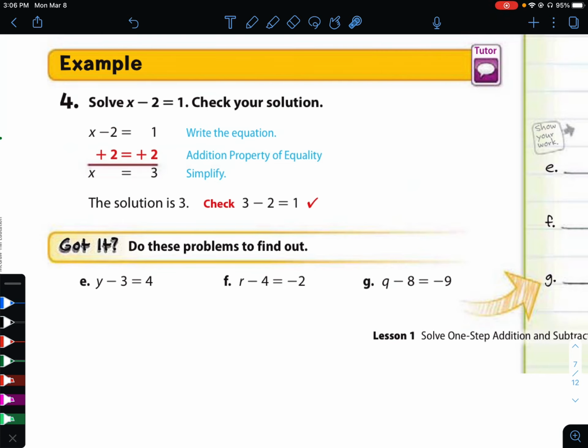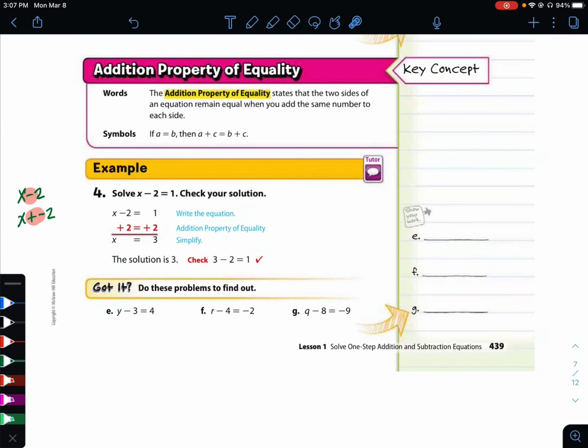And if we check it and substitute the value of x, 3 minus 2 equals 1, there you go. We know that 3 minus 2 will always be equal to 1. We've checked our solution. Do the got it problems E, F, and G, and let's see if you understand example number 4.